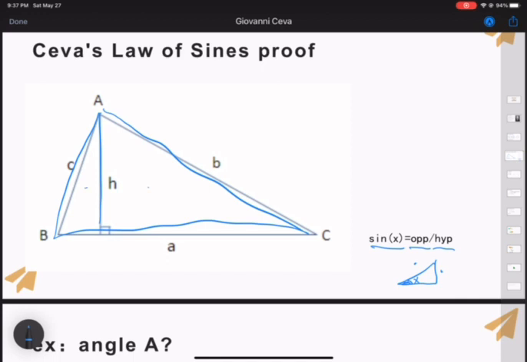So sine C equals H divided by B, so H equals B times sine C.